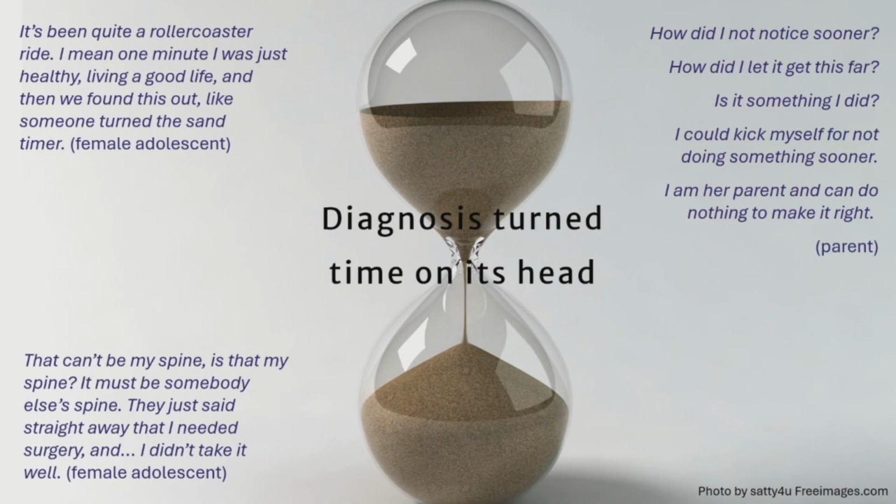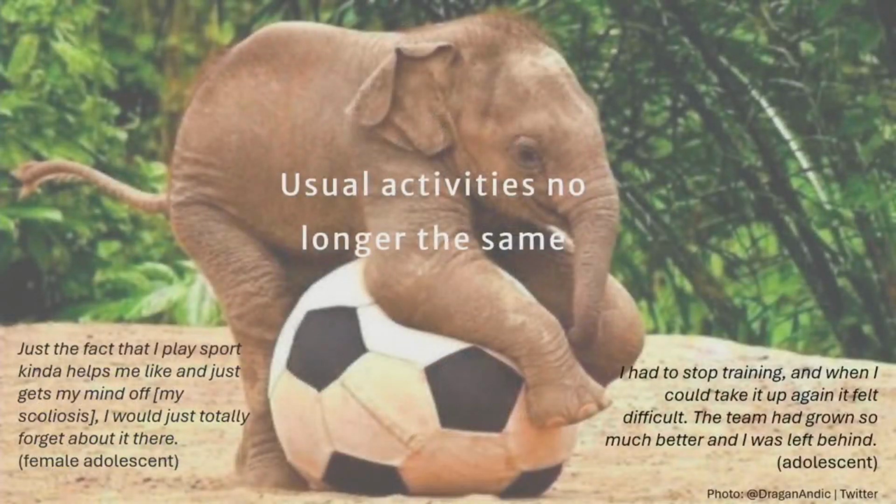Why didn't I know? The next theme, usual activity is no longer the same. So this explored how activities were impacted or limited or changed or even forgotten because of the new limitations from AIS. And so from one young person, I had to stop training, and when I could take it up again, it felt difficult.